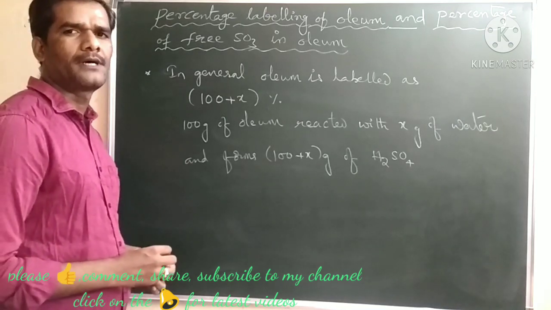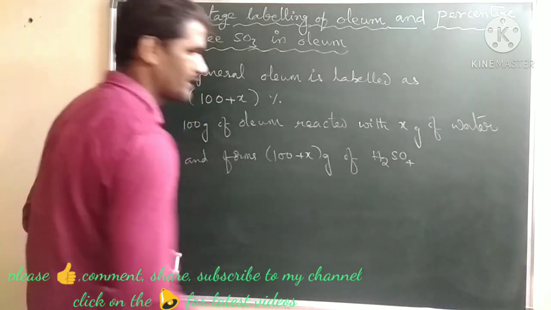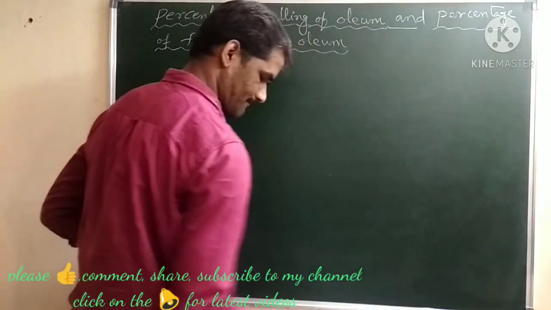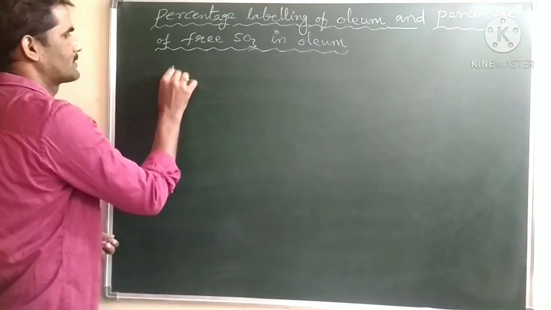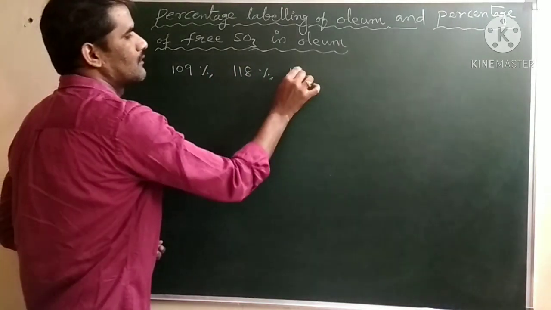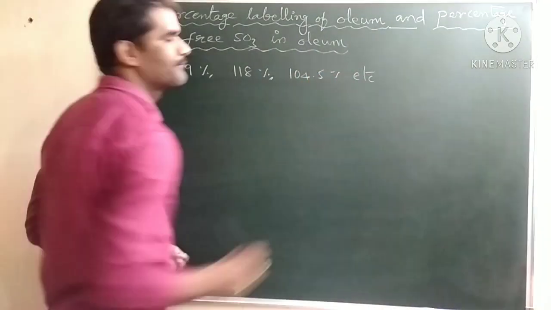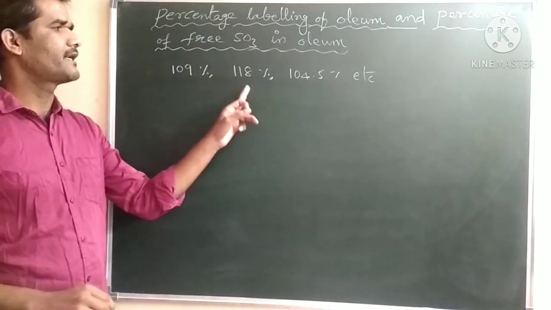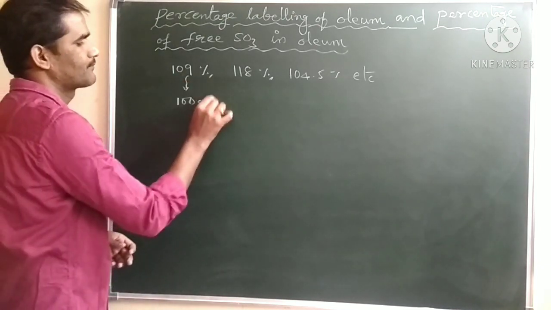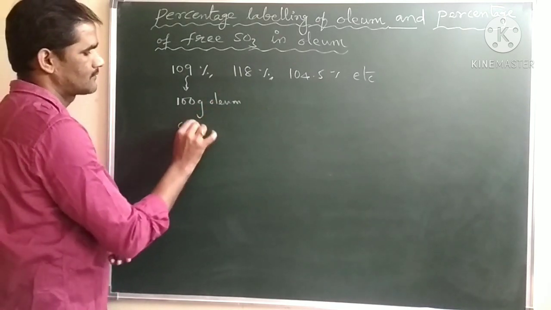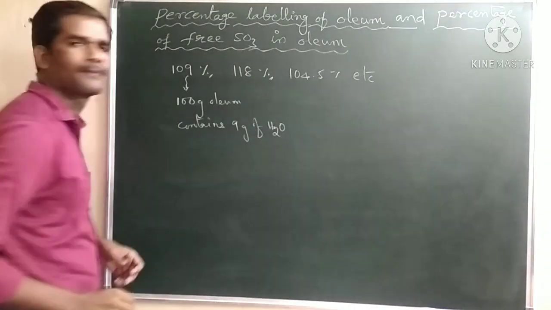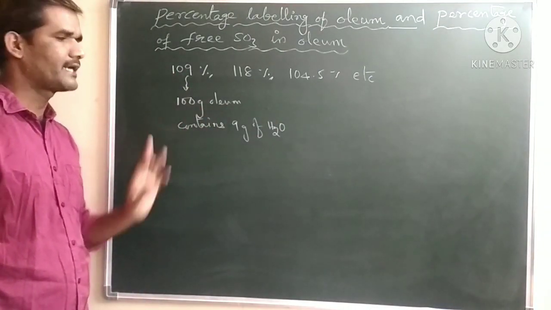So let us take some numericals, then we can understand in a clearer way. Generally, commercial oleum is labeled like this: 109%, or 118%, or 104.5%, etc. So what does it mean here? 109% oleum means 100 grams of oleum contains 9 grams of water.